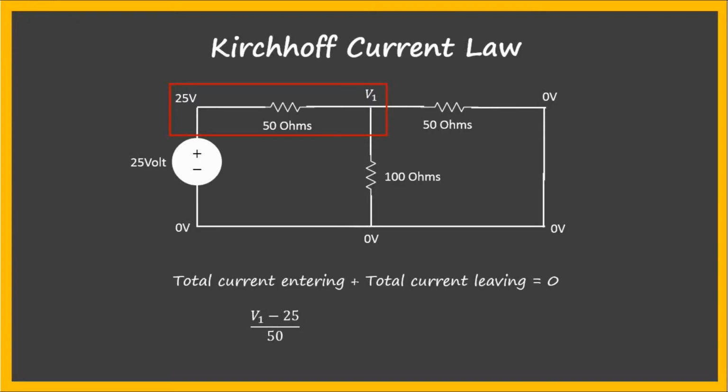For the second term, the voltage difference is V1 minus 0 and the resistor is 50 ohm. And for the third term, the potential difference is again V1 minus 0 volt, but the resistor is 100 ohms. The addition of these three terms will be equal to 0 according to KCL.